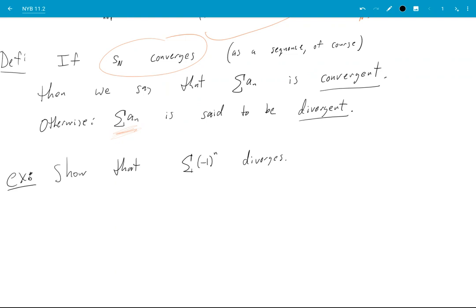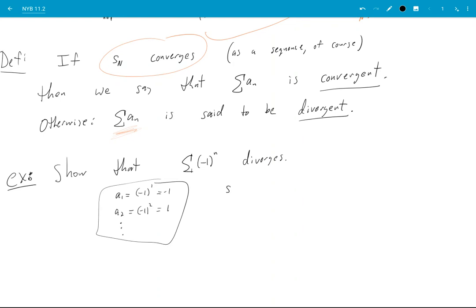Okay, so we have a1 is equal to negative 1 to the 1, which is negative 1. a2 is negative 1 squared, which is equal to 1. And so on and so forth.